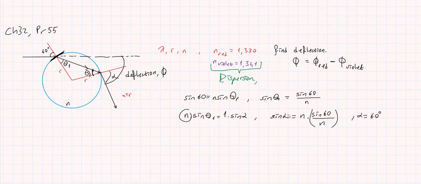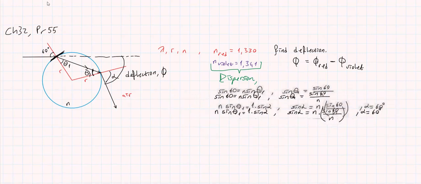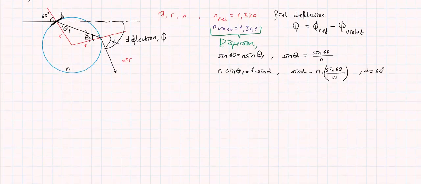I will now use them. Let's get it a little bit smaller to save space. Now I have this alpha angle in here, but I need to calculate the deflection. What did I say at the beginning?